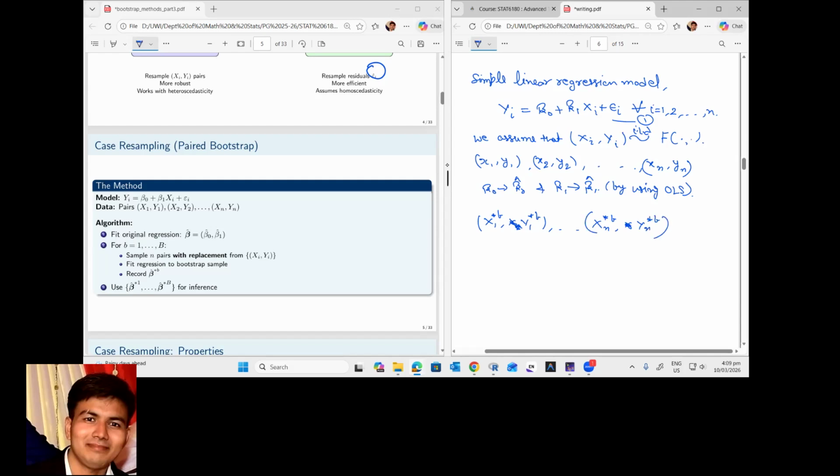And b will take the values 1 up to capital B. So B samples we will get.